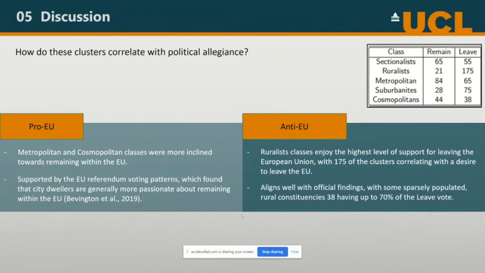And this supports the EU referendum voting patterns, which found that city dwellers are generally more passionate about remaining within the EU. On the converse of that, these align well with official findings that found that sparsely populated rural constituencies are having up to 70% of the Leave vote.